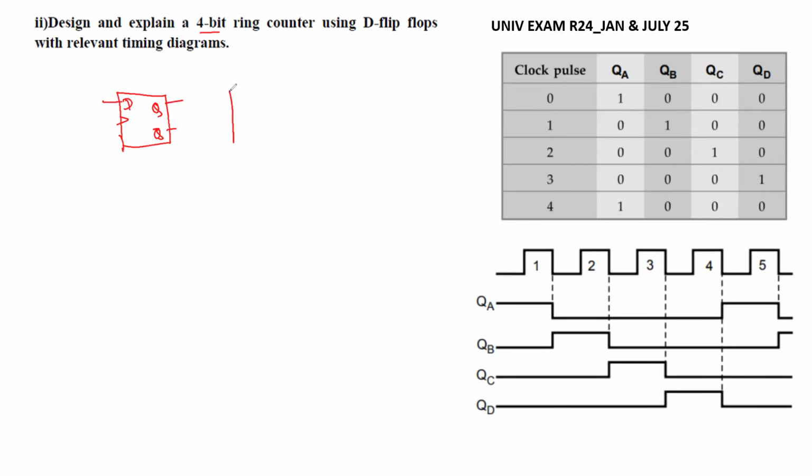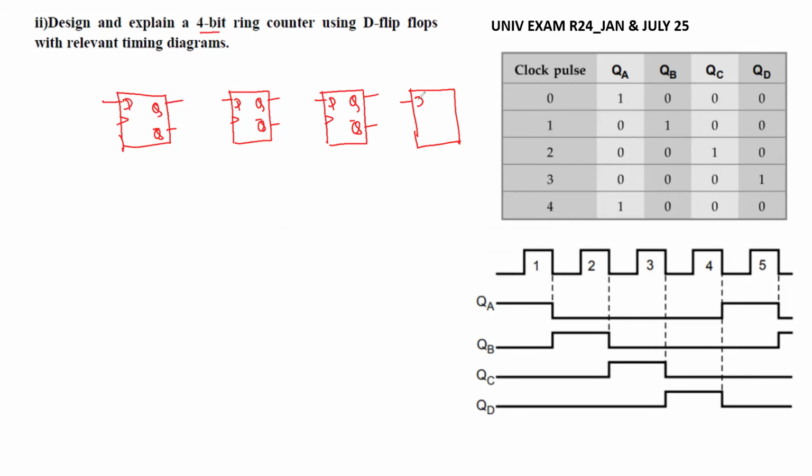Similarly, again we have D, the clock pulse, Q, and Q bar. Like this we have to take 4. I am drawing it here so that you do not make mistakes. Many times people are not able to give the clock pulse either.